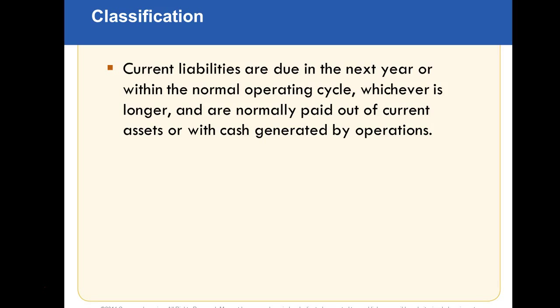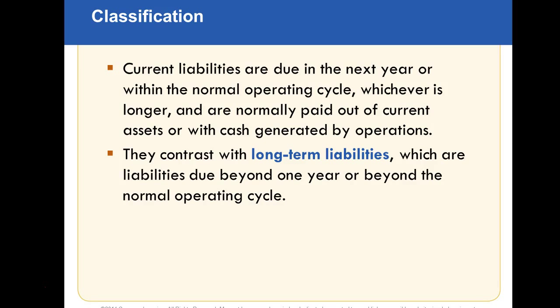They contrast with long-term liabilities, which are liabilities due beyond 1 year or beyond the normal operating cycle. A long-term liability may be a note on the building, and that liability, a long-term mortgage note, may be 15 years. They're not going to pay that liability off in just this year.